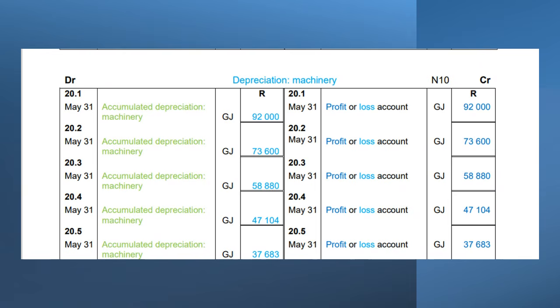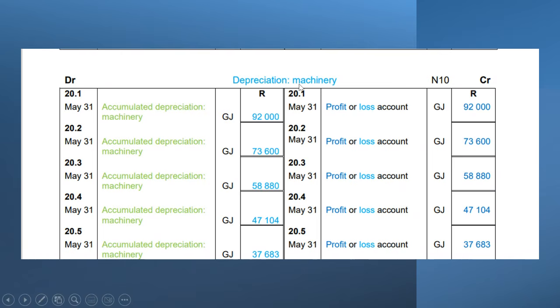And then here, they are showing you the depreciation on machinery. Remember that depreciation is an expense account. We said expenses are closed off at the end of each financial period. So remember, in our first example, we were using a straight line method, and there our depreciation was 92,000 throughout those 5 years. But here, it's different. So we need to show each and every year separately here.